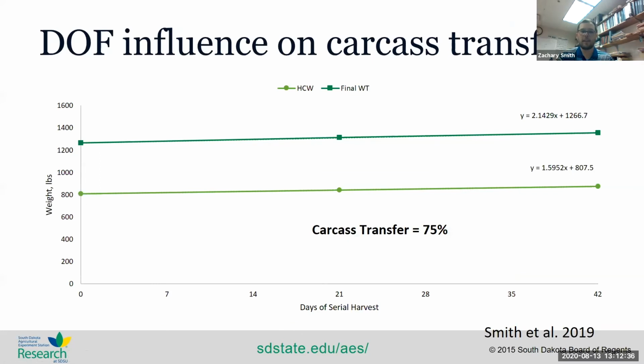So something really interesting when we think about growth enhancing technologies is the talk of carcass transfer. The way I explain this is average dressing percent of cattle, say 63%. When an animal arrives at the feedlot, their dressing percent, so just hot carcass weight divided by live weight times 100, might be 52 to 55%.